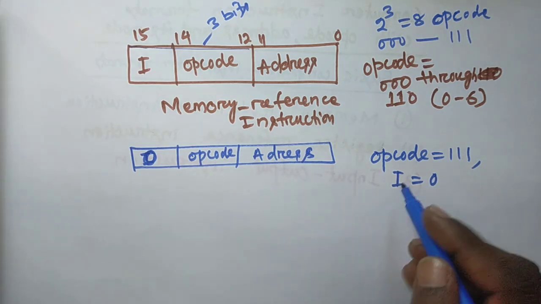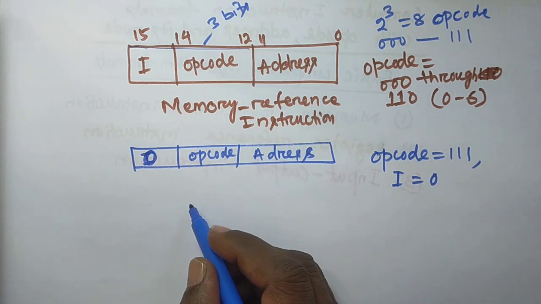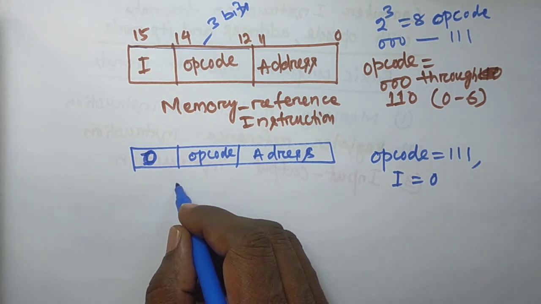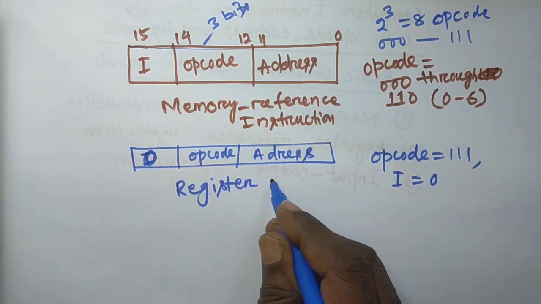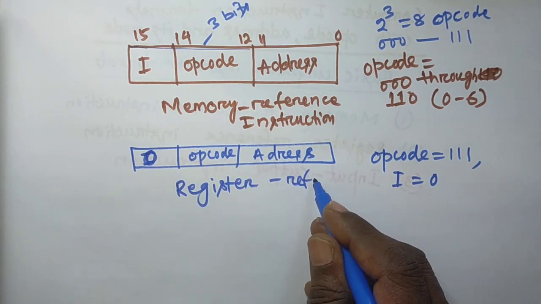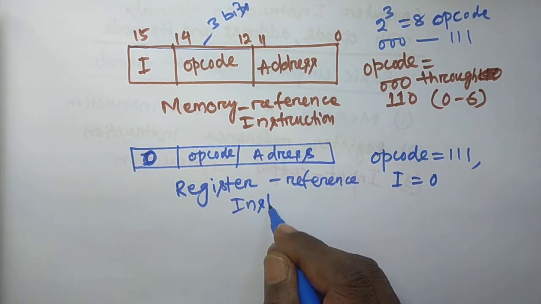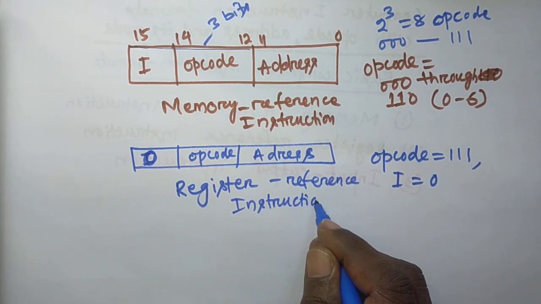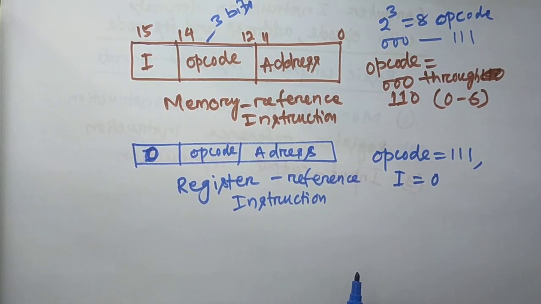If the opcode is equal to 111 and I is equal to 0, then we can call it a register reference instruction, okay.